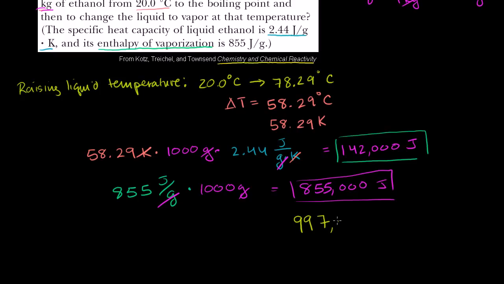So it's 997,000 joules, or 997 kilojoules. We could almost say it's 1 megajoule if we wanted to speak in those terms. But that's what it'll take for us to vaporize that 1 kilogram of ethanol.